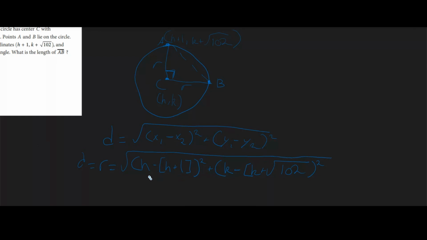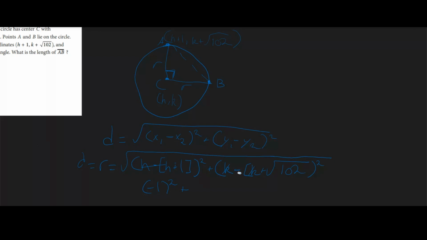All we have to do now is simplify. Let's do this one step at a time. h minus h, that's going to cancel out, and then we're just left with a minus 1, because this minus symbol we had over here is going to carry over. So we are left with minus 1 squared. Then let's look at the other parentheses. k minus k cancels out both k's.